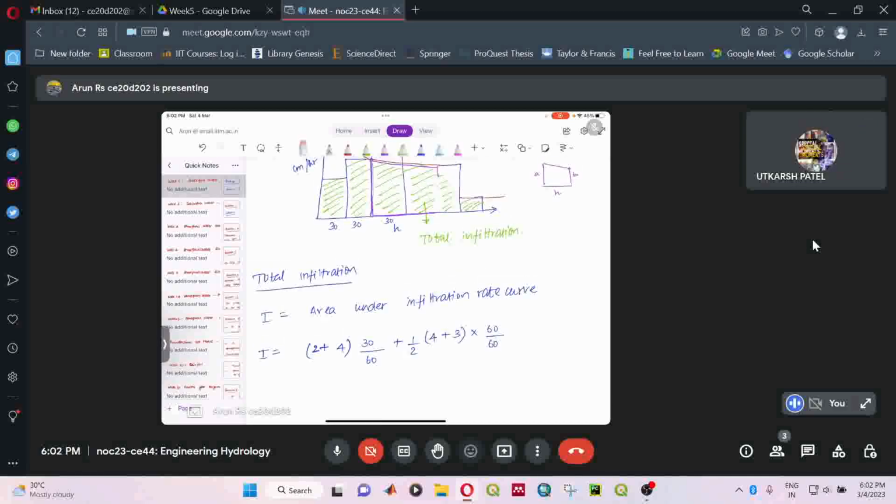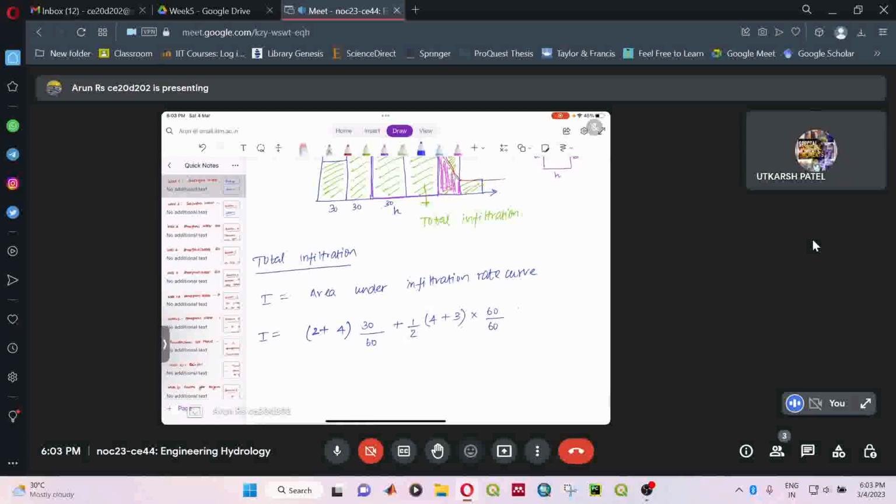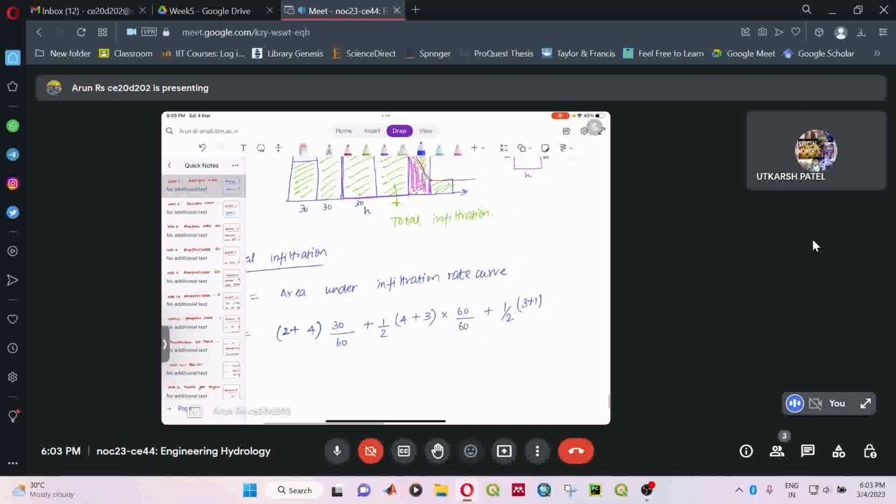And next, this is also another trapezium, this small pink shaded portion. So that varies from 3 to 1. So if I calculate that, half into the sum of 3 and 1, but it varies in 30 minutes itself, so that is 30 by 60.